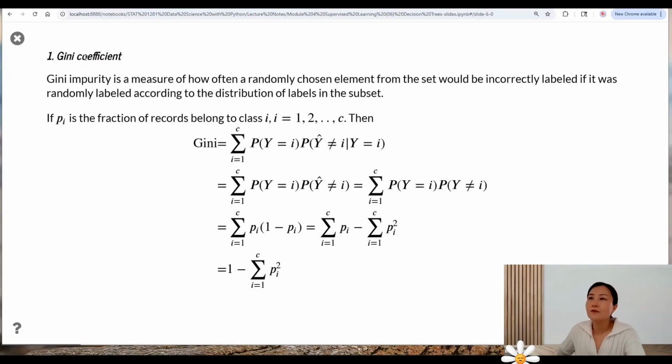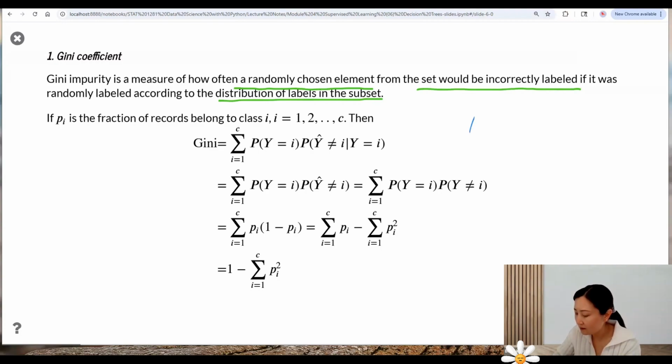So take a look at the first one, the Gini coefficient. Let's see the definition first. Gini impurity is a measure of how often a randomly chosen element from the set would be incorrectly labeled if it was randomly labeled according to the distribution of the labels in the subset. So let's try to understand this definition. First of all, it's a probability of incorrect assignment.